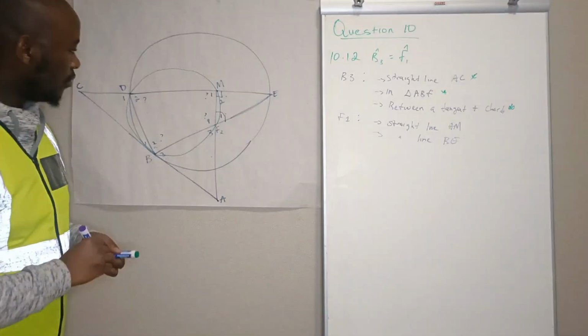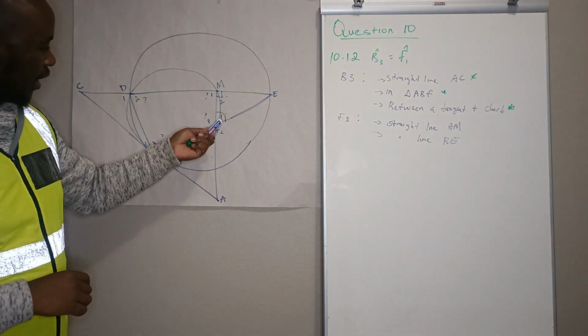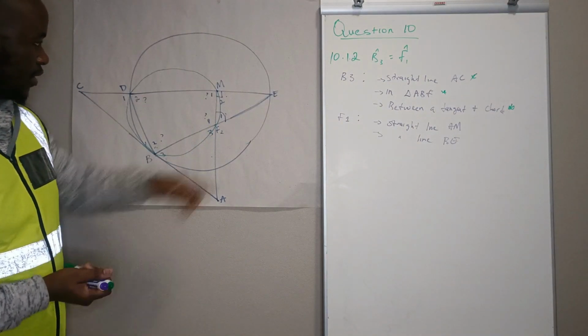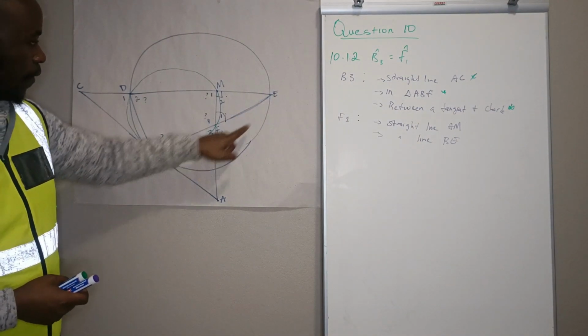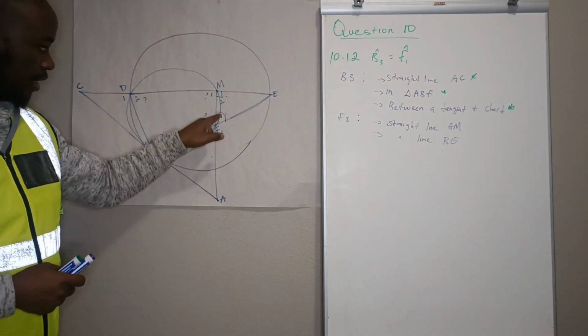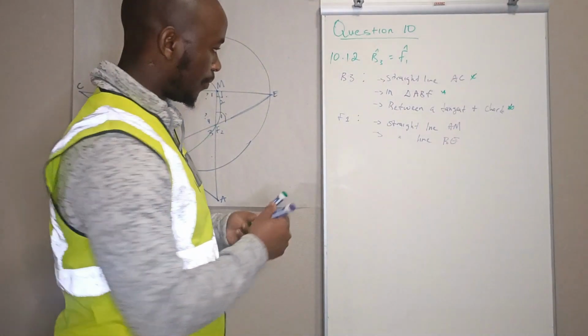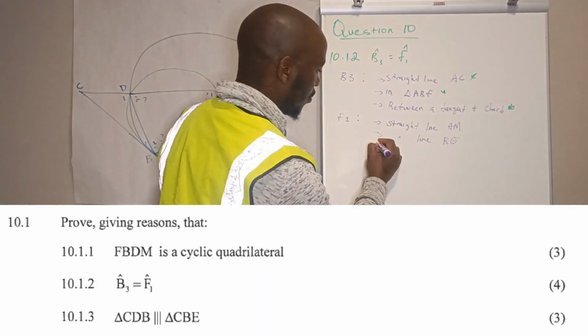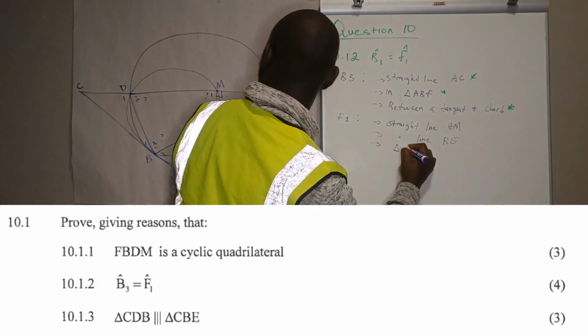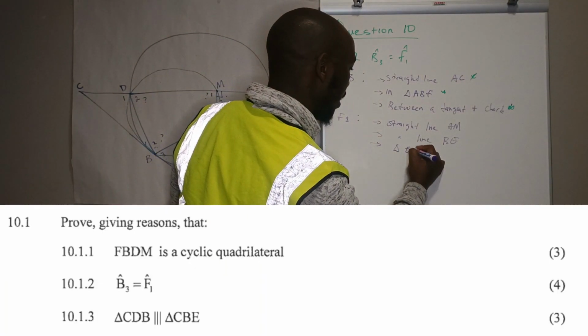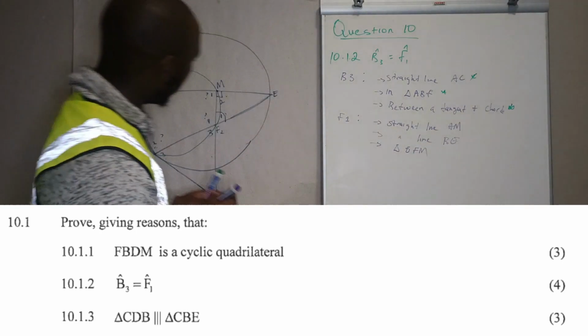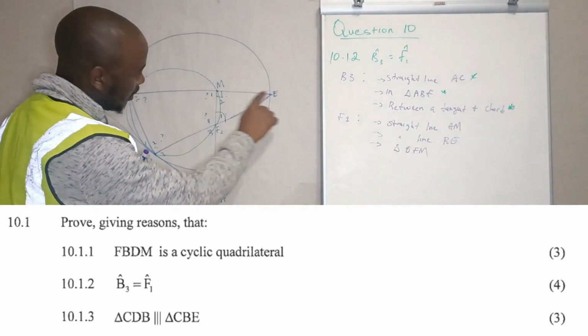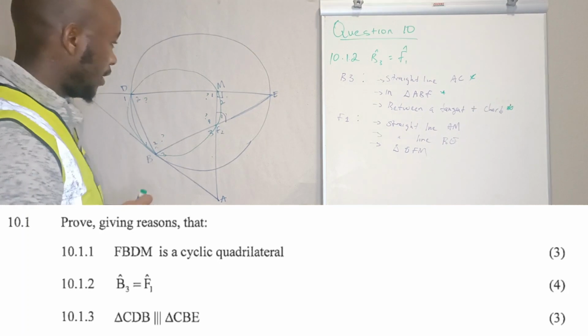Okay. It's also in a triangle. You see that there's a triangle in here called EFM. There is that angle. Triangle EFM. This is the triangle we're talking of. It's in this triangle.